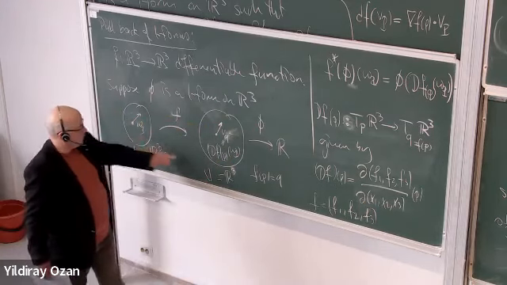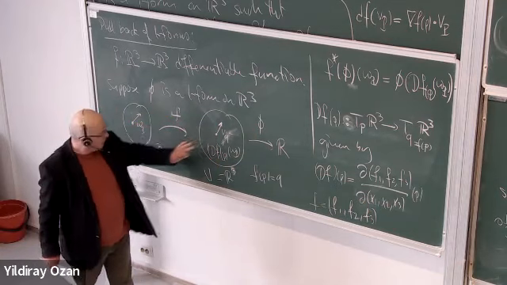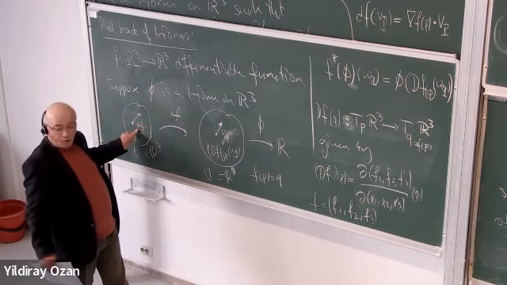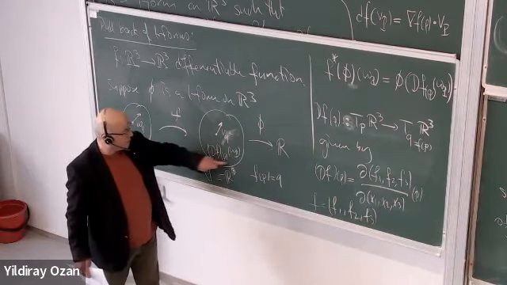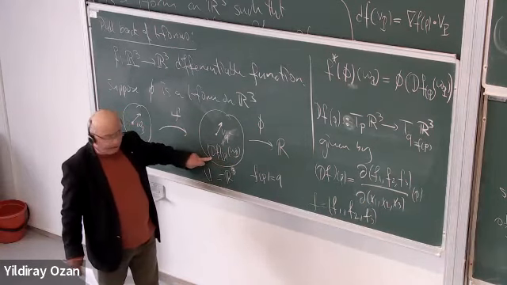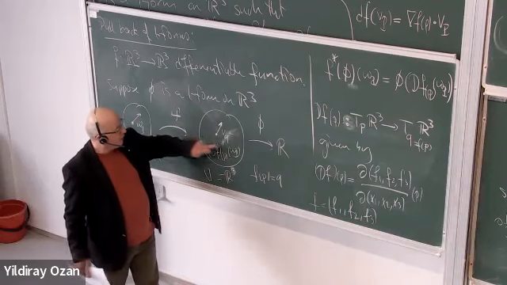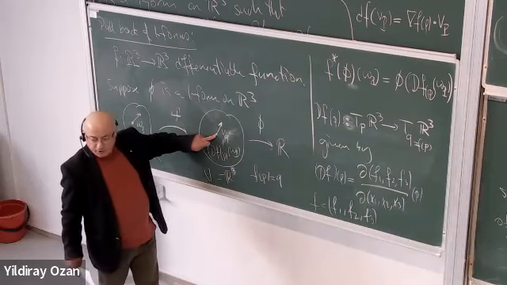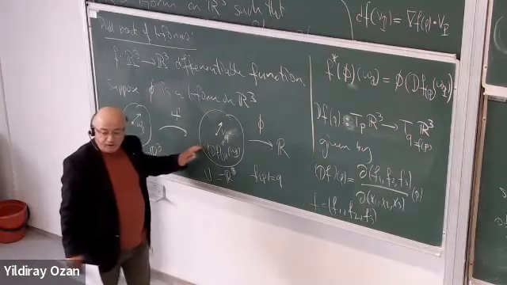df, differential of f, sends vectors to vectors. So this vector WP is sent to differential of f, which is a linear map from R3 to R3. You apply it to this vector and you obtain a vector at this point, okay? Image of this tangent vector under the derivative of f.